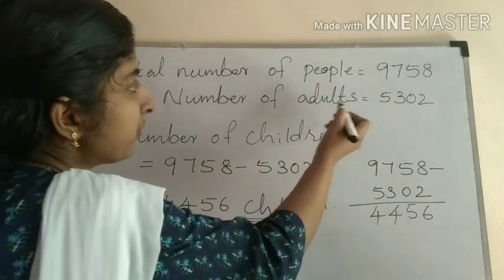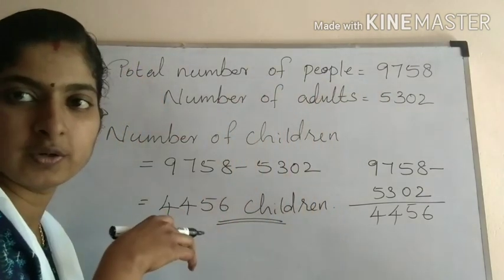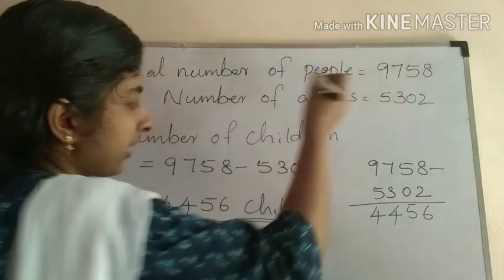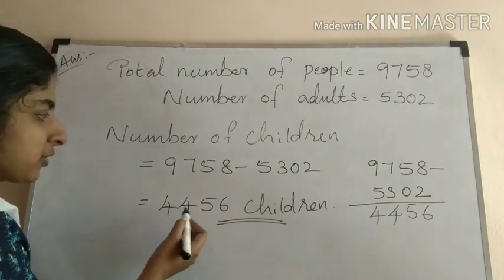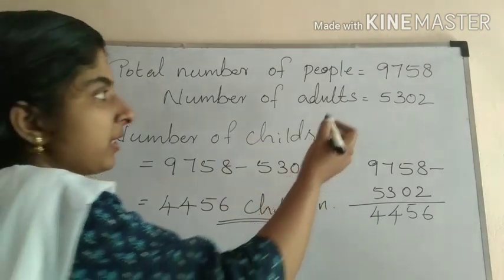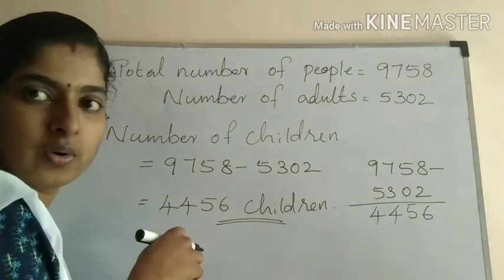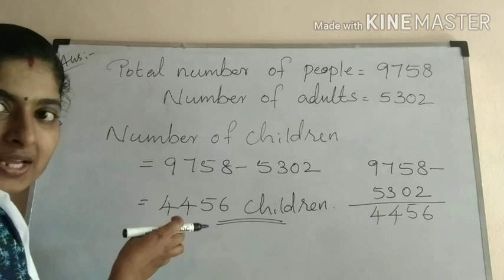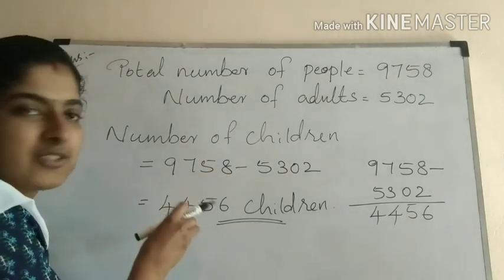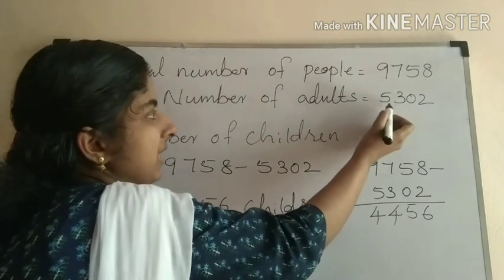Already the number of adults is given in the question. See, number of adults, how many? 5,302. Number of children 4,456. Which one is more? Number of adults is more. Which one is less? Number of children is less. How many less children compared to these adults?